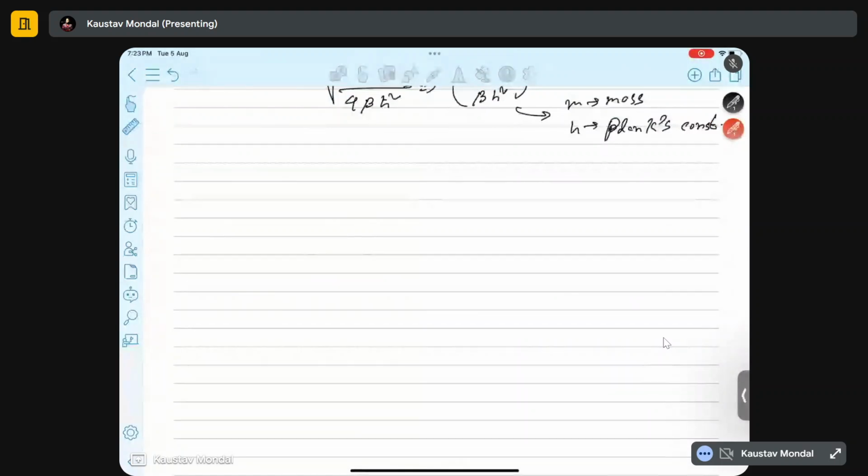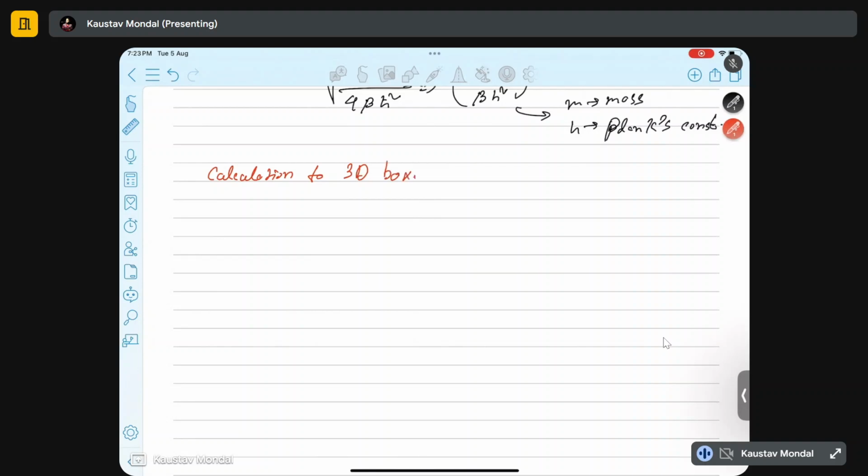Now we'll further extend this calculation to the 3D box. Okay.